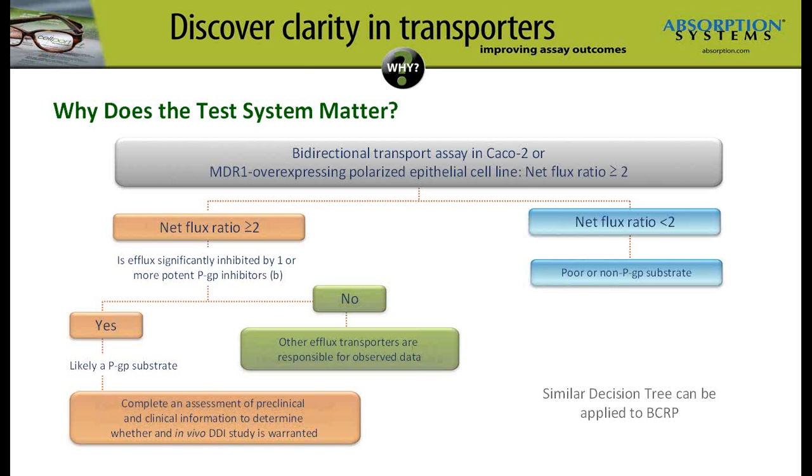If the inhibition is greater than 50%, the compound may be a PGP substrate. It looks very straightforward. However, in different case studies I'm going to show later, you will see the complexity of the compound as well as of the systems.